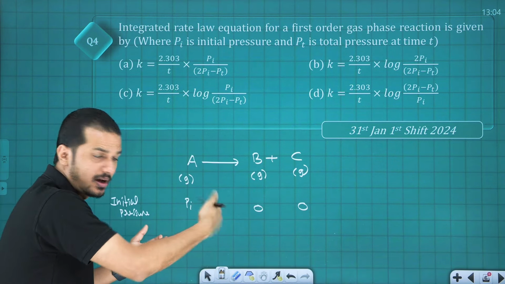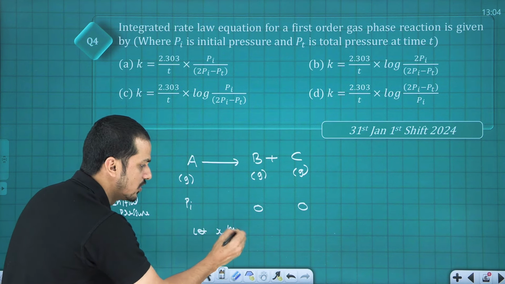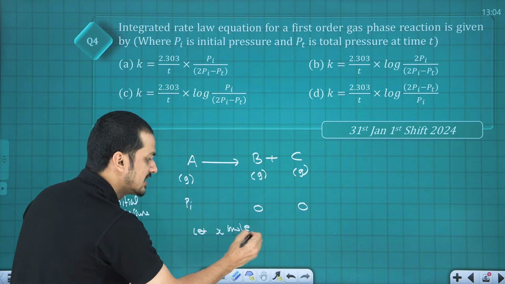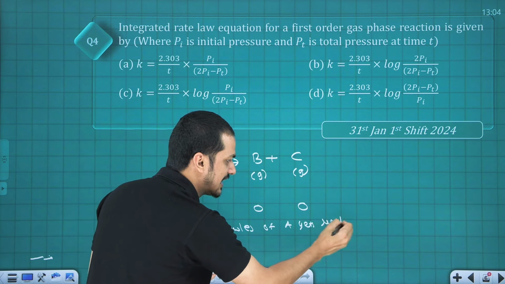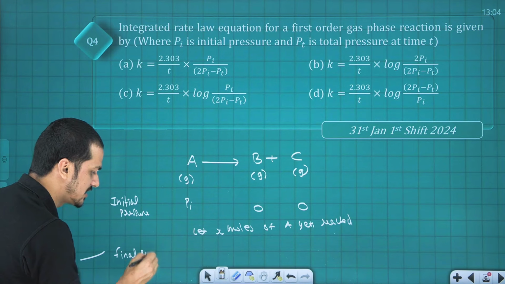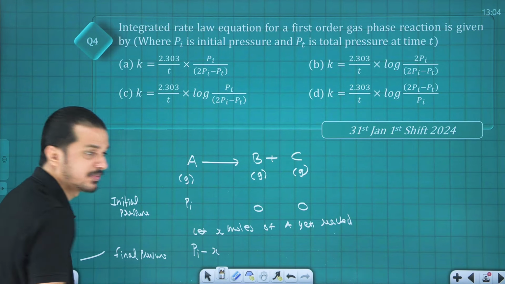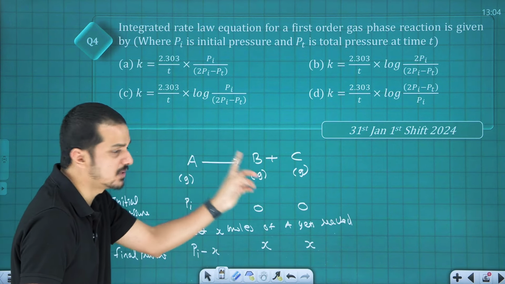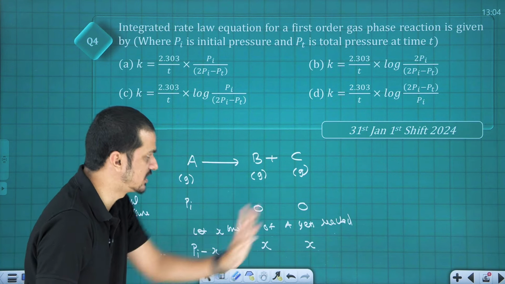As time goes on, let X moles of A get reacted. Therefore, the final pressure of A will be Pi minus X, B will be X, and C will be X, because 1 mole reacting means 1 mole B and 1 mole C. So X moles react means X moles B and X moles C.